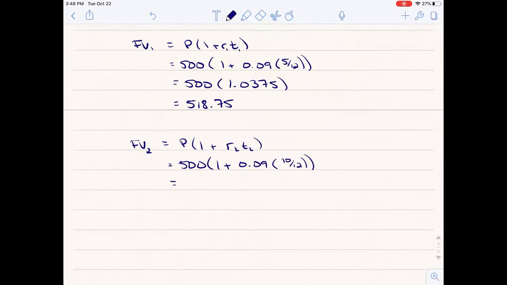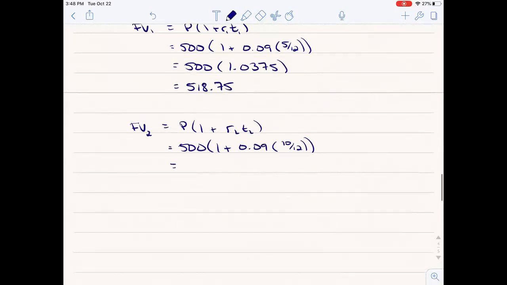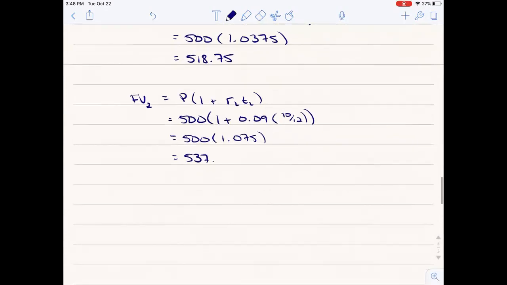So 0.09 times 10 over 12 plus 1 is 500 times 1.075 times 500, 537.50. Adding the 0 because we are talking money, and so we always want to have 2 decimal places.